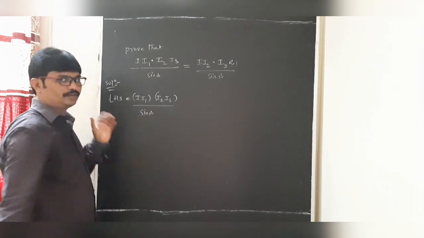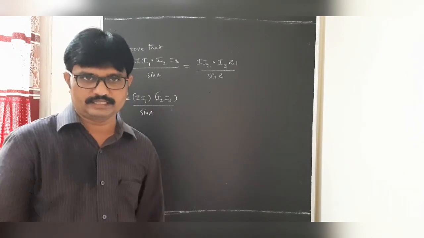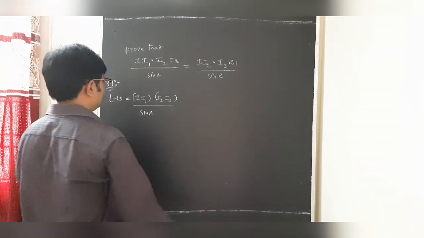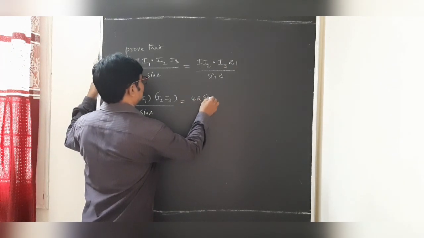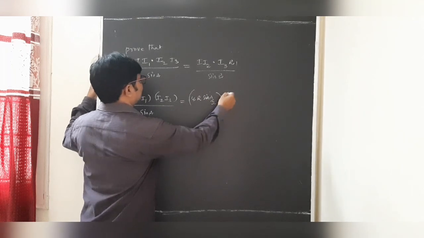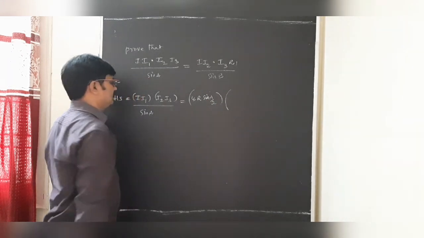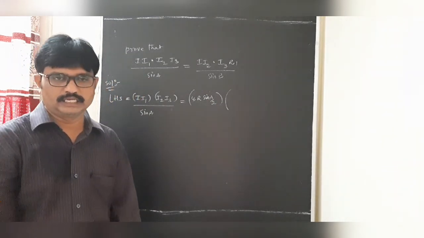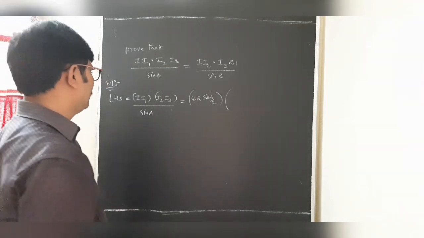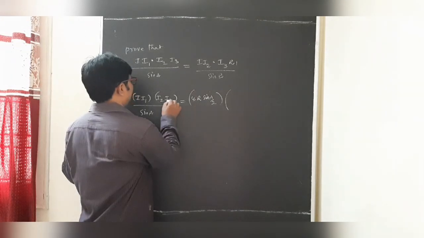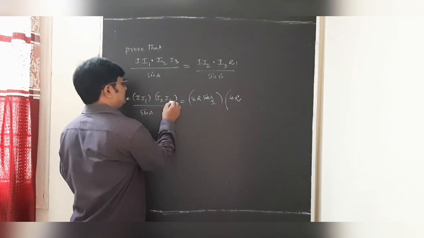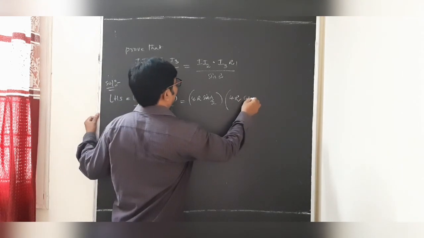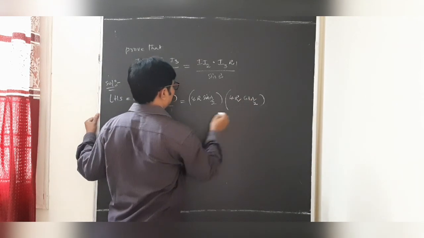So the distance between the incenter and the excenter one, I1, is 4R sin A by 2. Dear students, I2 I3 also we can prove is 4R cos of A by 2.